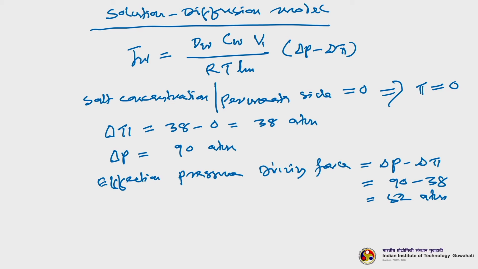The other data that is given: Cw equals 0.15 gram per centimeter cube, or we can write in terms of kg as 150 kg per meter cube. Jw, which is your water flux, is 5.2 micrograms per centimeter square second.